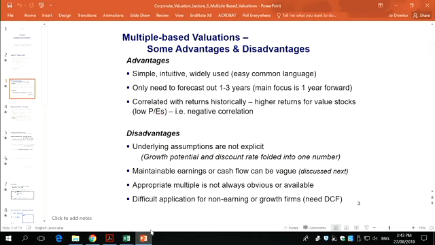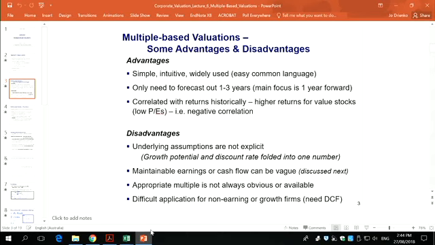The appropriate multiple is also not always available. It's not available when the company is losing money because if the company is losing money, this E is negative. If the E is negative, the whole ratio is negative. There's no such thing as negative PE. They don't exist, so it's undefined. So the P/E is between 0 and infinity, theoretically, but we'll talk about the ranges of the P/Es on slide 10.